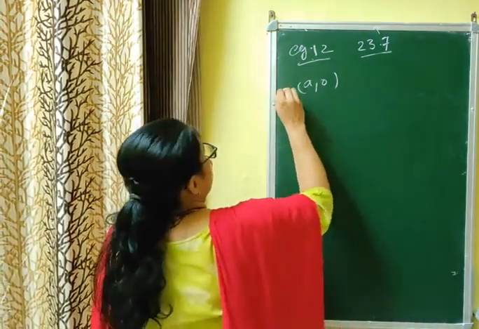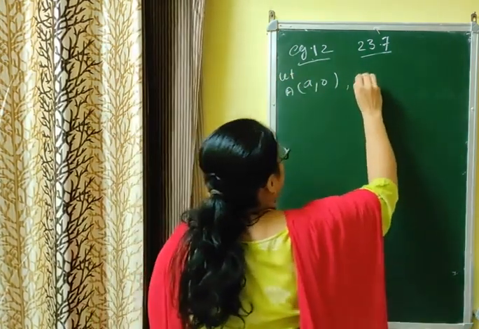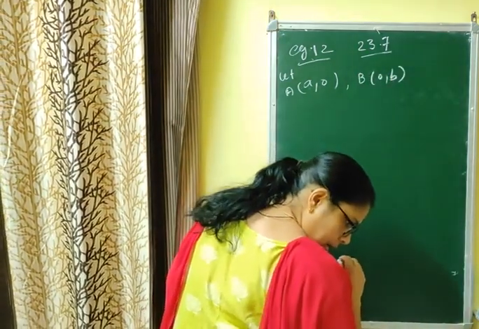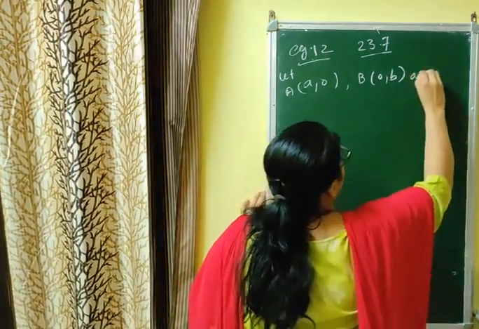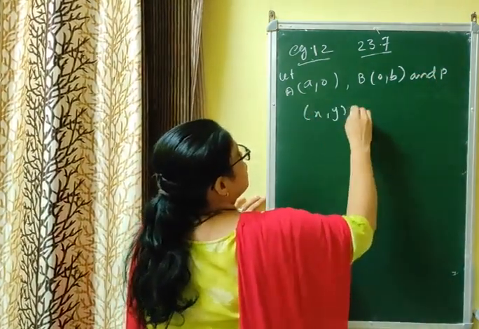Let us assume the points, for convenience to write, as A (a, 0), B (0, b) and P (x, y). These are the three given points.